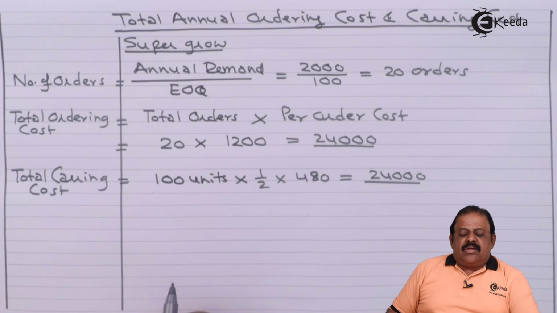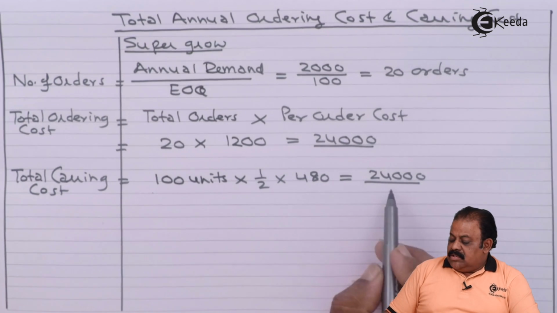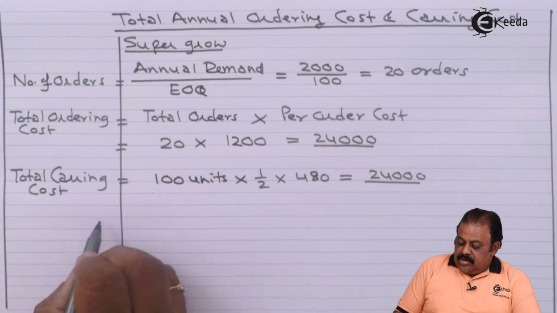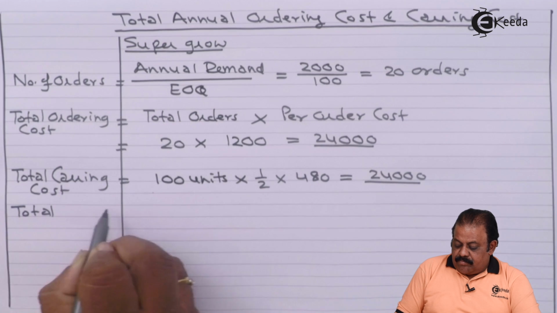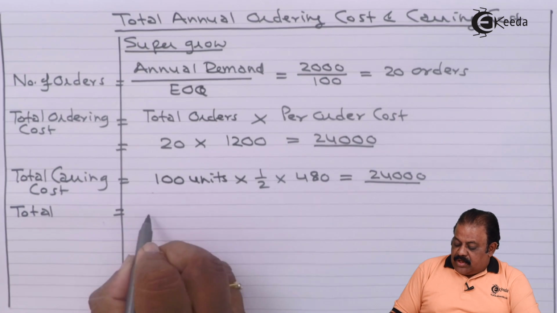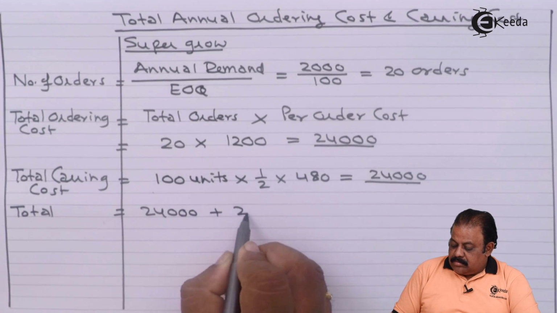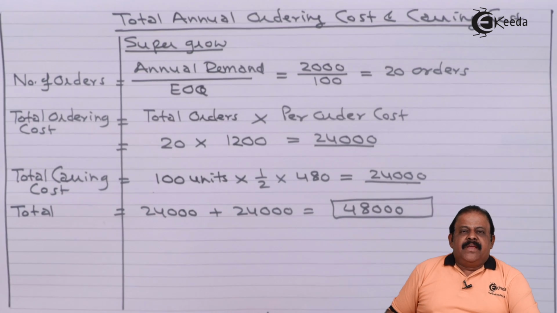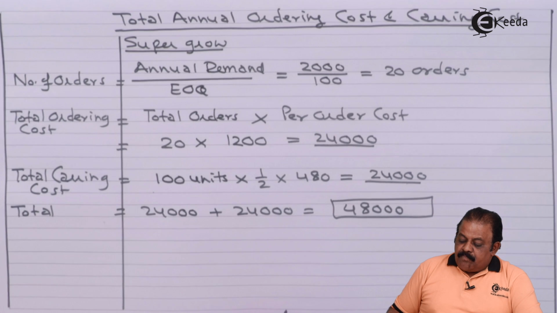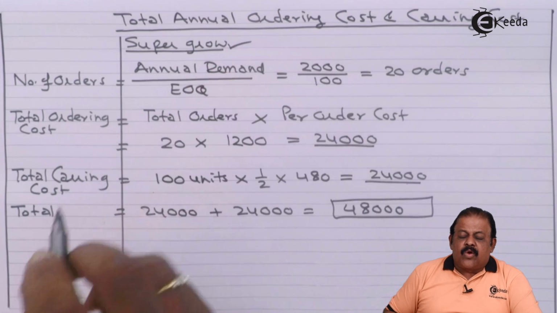So total carrying cost is also rupees 24,000. Thus we can arrive at total cost, 24,000 plus 24,000. It will be rupees 48,000. This we have calculated for Super Grow.